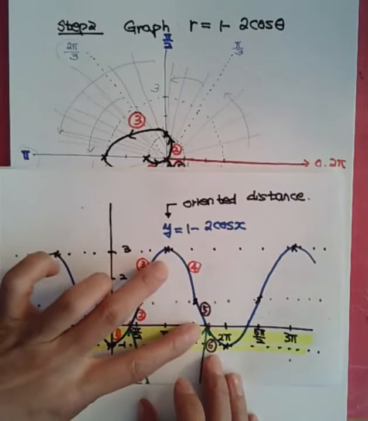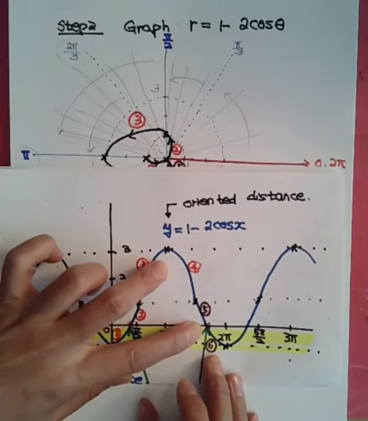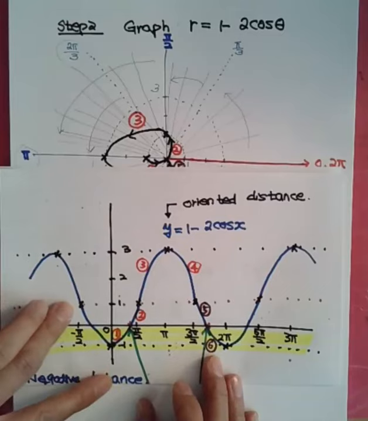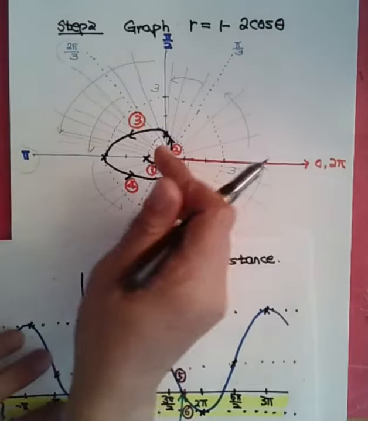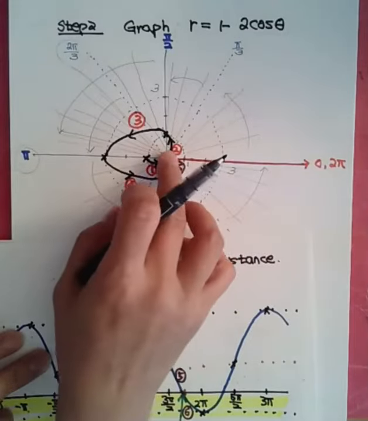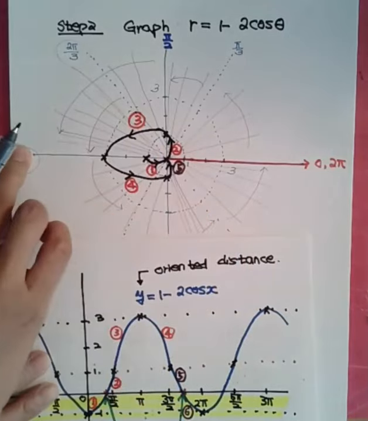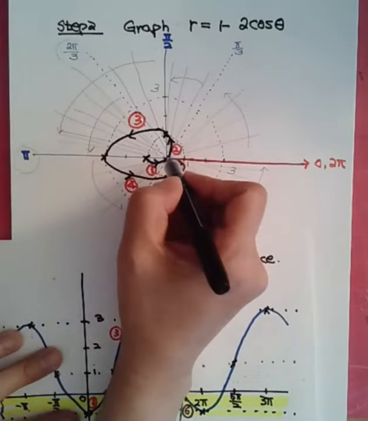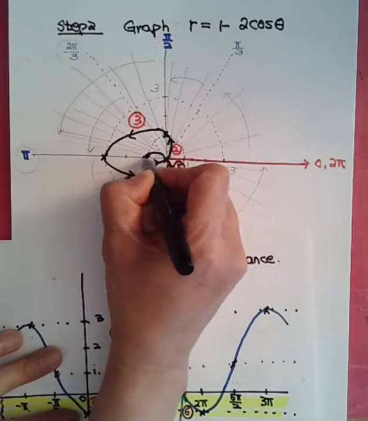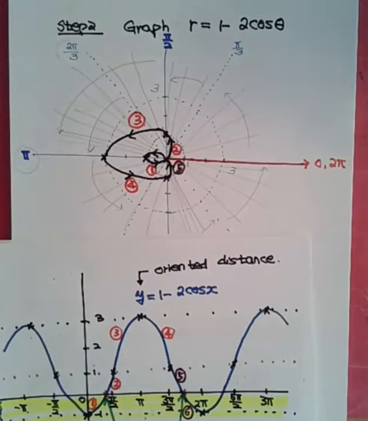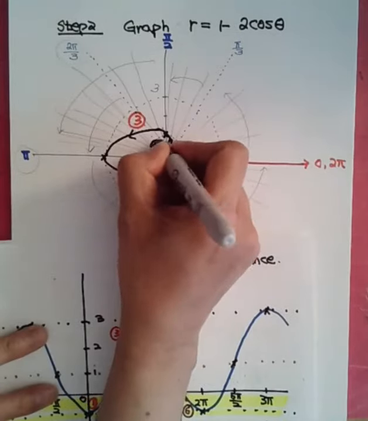When the angle was 5 pi over 3, the distance was 0. And when it becomes 2 pi, the distance became negative 1. So we start from here and we go the other direction of 2 pi. So we go in the pi direction, and then we hit this point. So we follow this graph. So this is region 6.